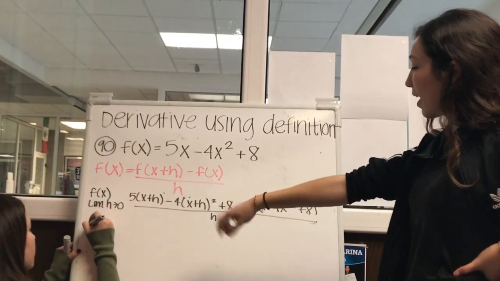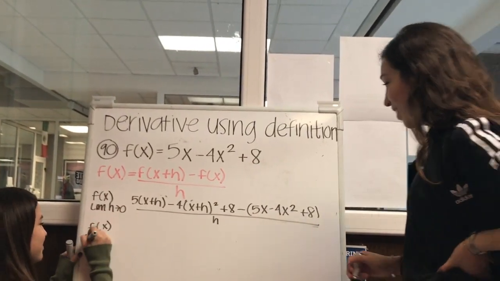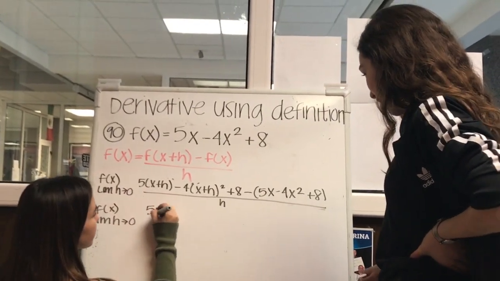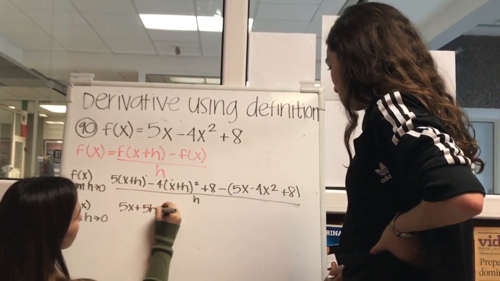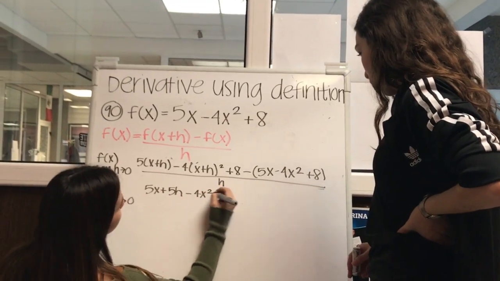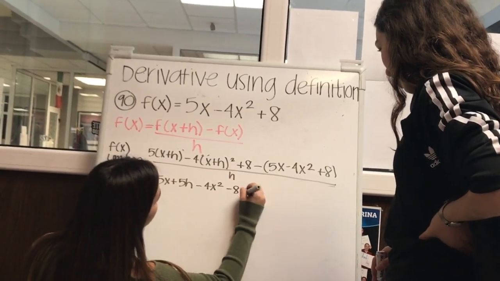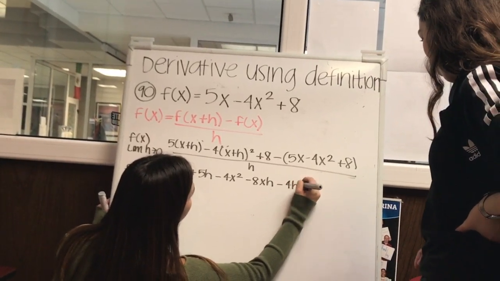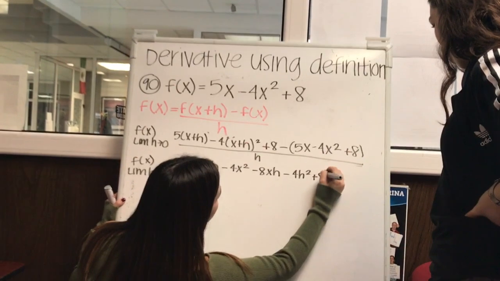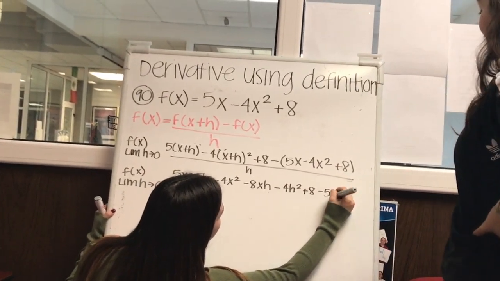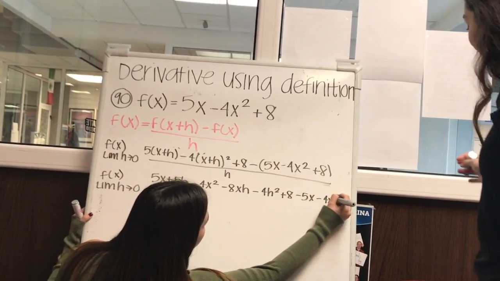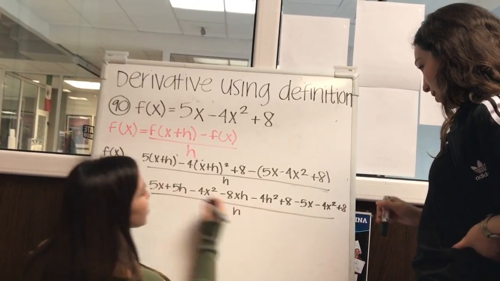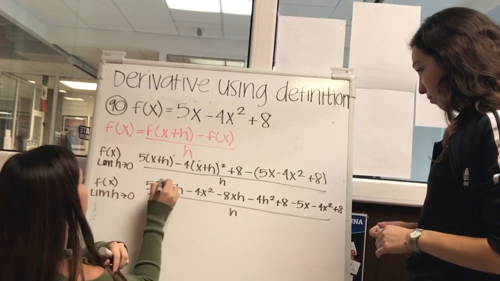Then we are going to multiply everything. Here you just have to cancel the positive with the negative ones.